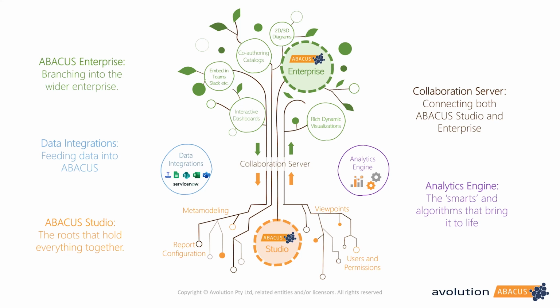And Abacus Enterprise is really where we want to make it available to everyone in the organization. That's either through read-only licenses, where everyone and anyone gets access, or through some of the modeler or editor licenses we have, where we can actually allow users to contribute to the data sets and of course to the diagrams and the visualizations that are in Abacus.